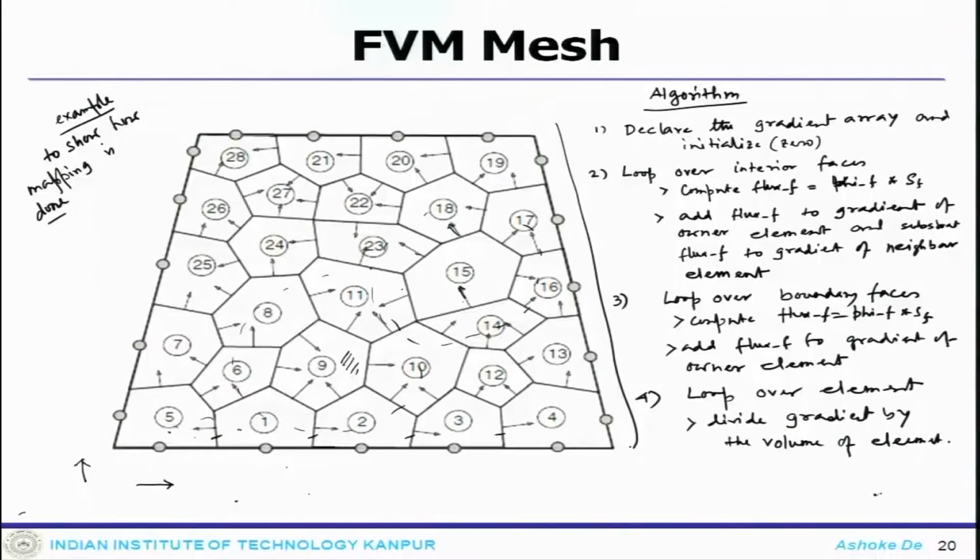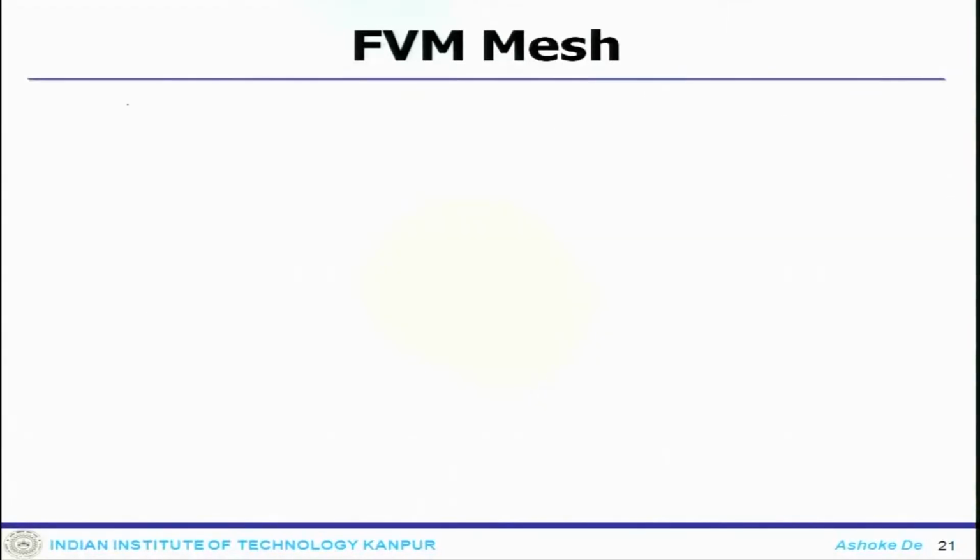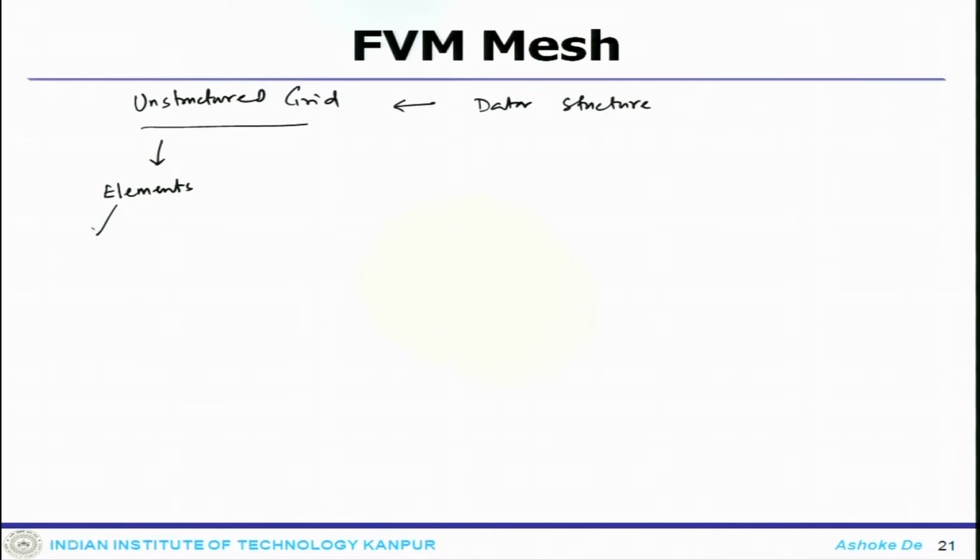But importantly, one has to keep track of the elements essentially for the unstructured system and unstructured grid. So, you have a huge data structure requirement or data structure handling. Here you need elements, both local indexing and global indexing.